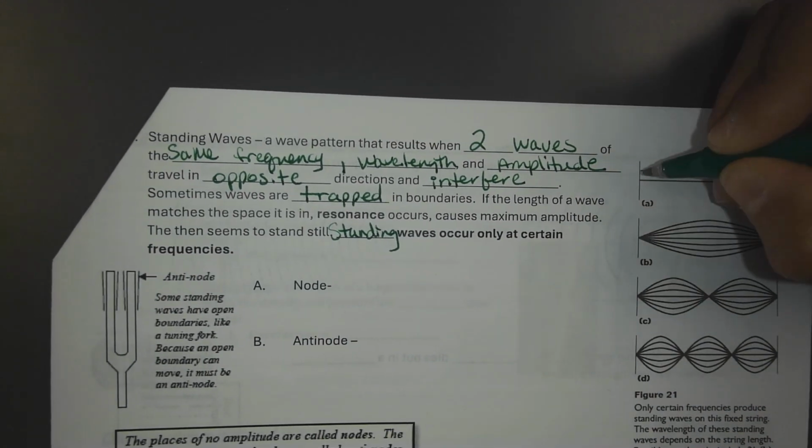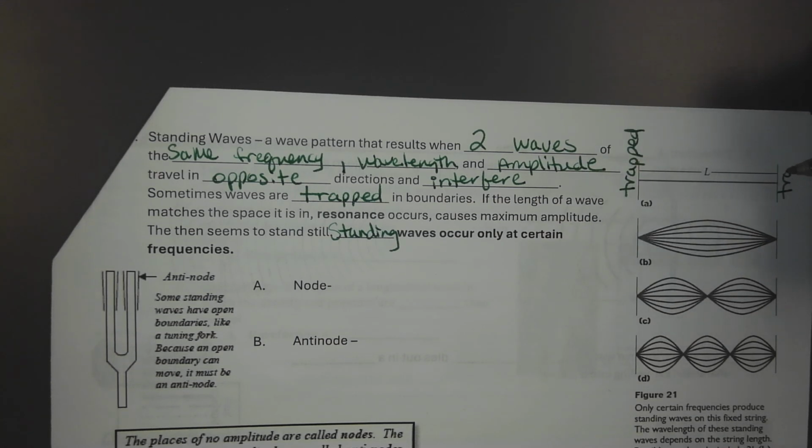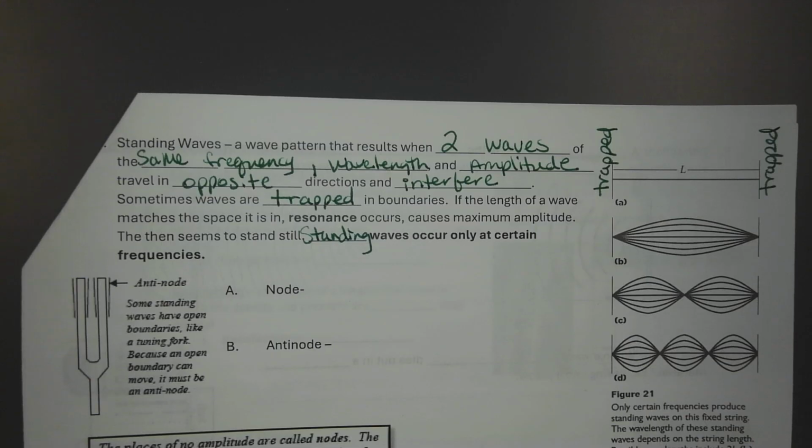The wave is trapped here and here, and it cannot pass this location. And it can vibrate. And when it vibrates like this, it's going to interact and interfere, and they start to make all these other little vibrations and little waves.